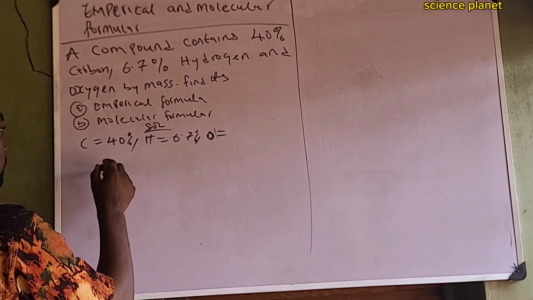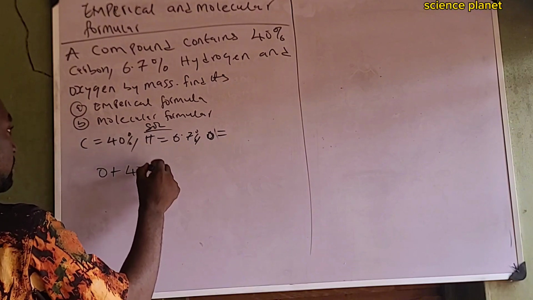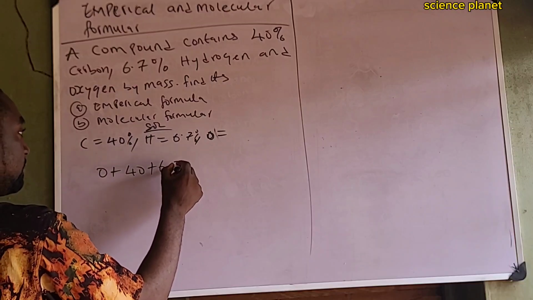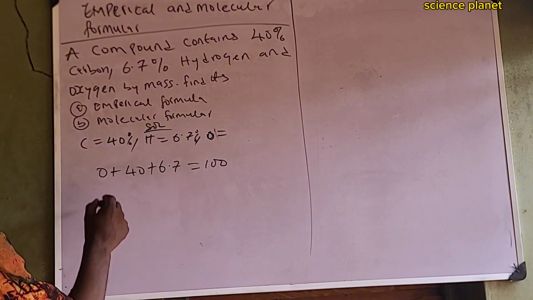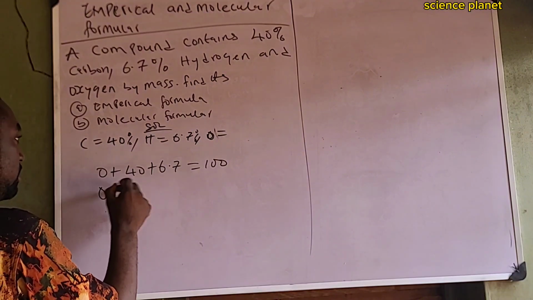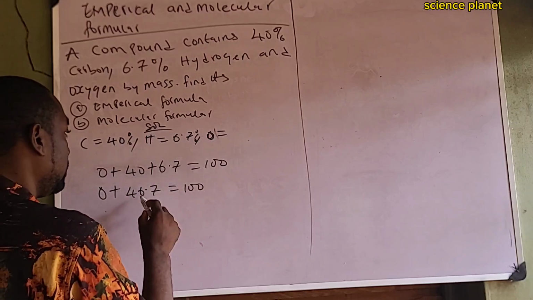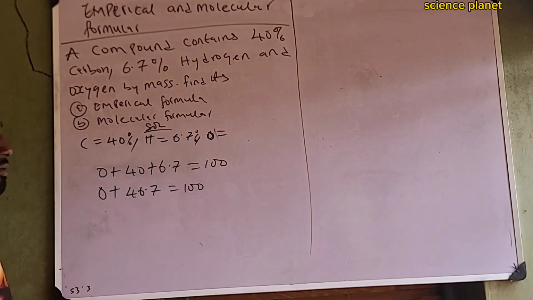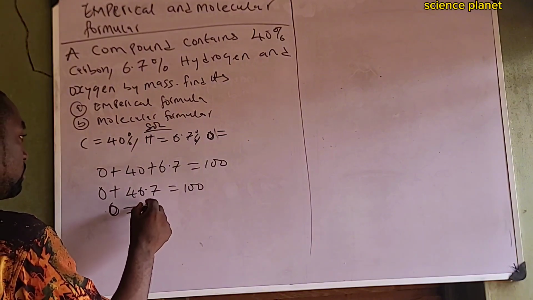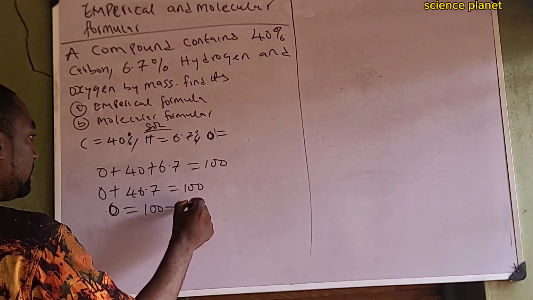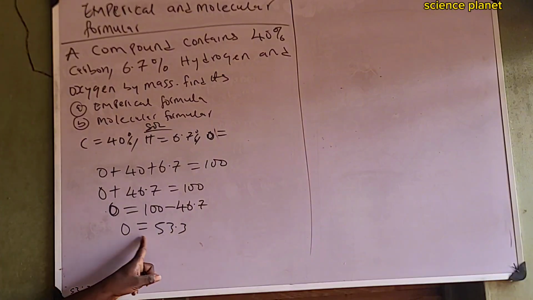Make we say oxygen plus 40, carbon na 40, plus hydrogen wey be 6.7 equals to 100. 40 plus 6.7 go give you 46.7 equals to 100. Wetin you go do? You go collect like times. 46.7 go miss 100. So O wey be oxygen equals to 100 minus 46.7. E go give you O equals to 53.3.